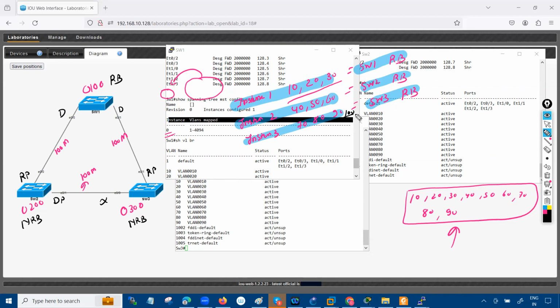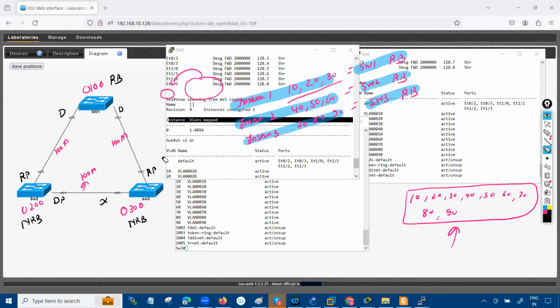Now, apart from these VLANs, take for example I have 10, 20, 30, 40, 50, 60, 70, 80, 90. How many instances do we have in total? Instance 0 was already there, plus 1, 2, 3: total of 4 instances. Whatever VLANs are not mapped to a user-defined instance will automatically go to instance 0.